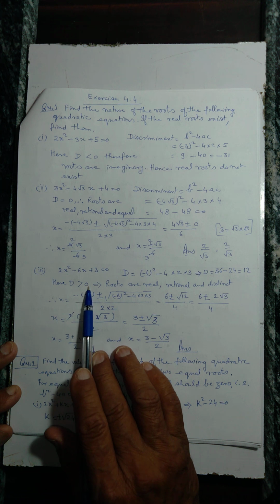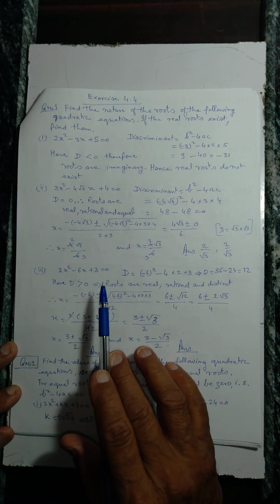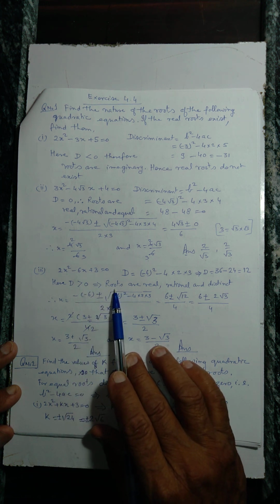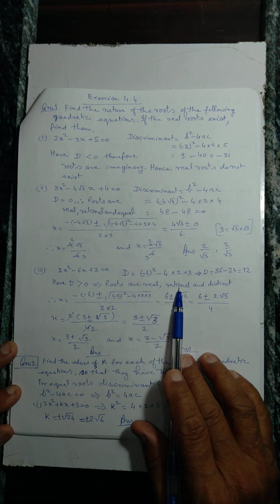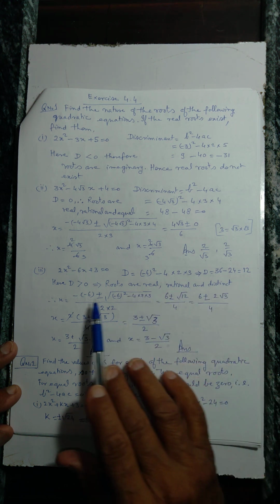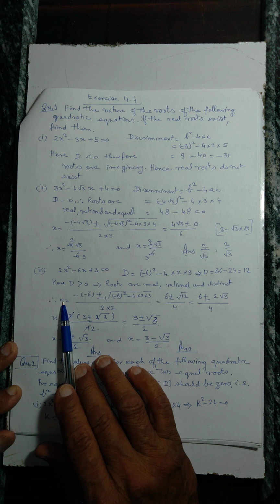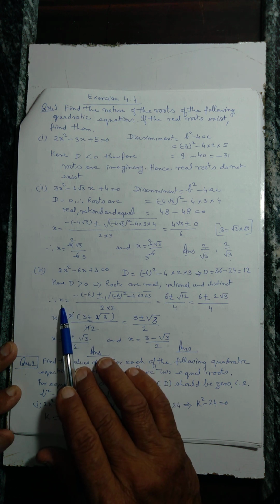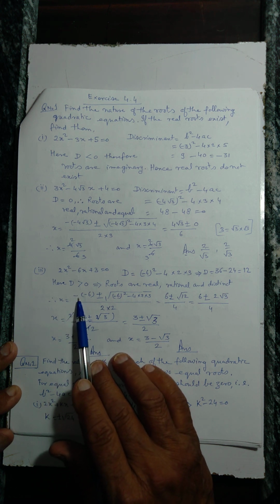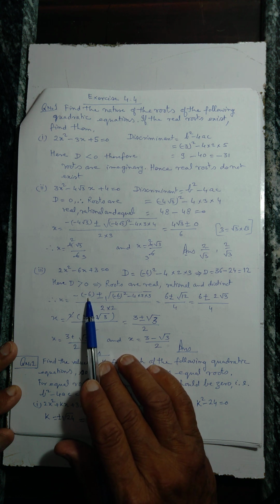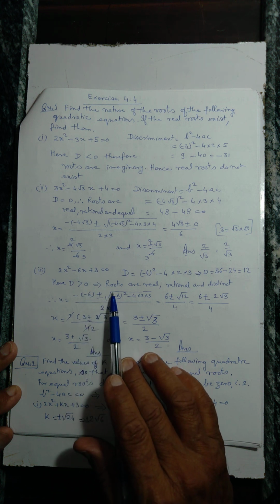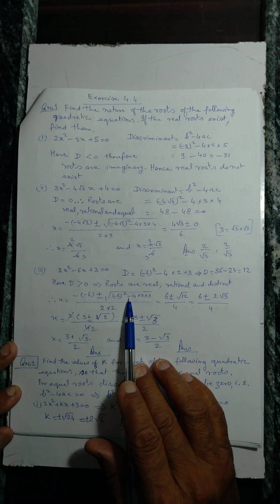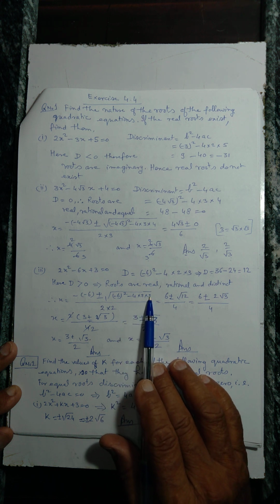Here discriminant is greater than 0, means positive. The roots are real, rational and distinct. Hence let us find the roots also. X will be equal to minus, inside the bracket you write down minus 6 plus minus root of minus 6 whole square minus 4 into 2 into 3.